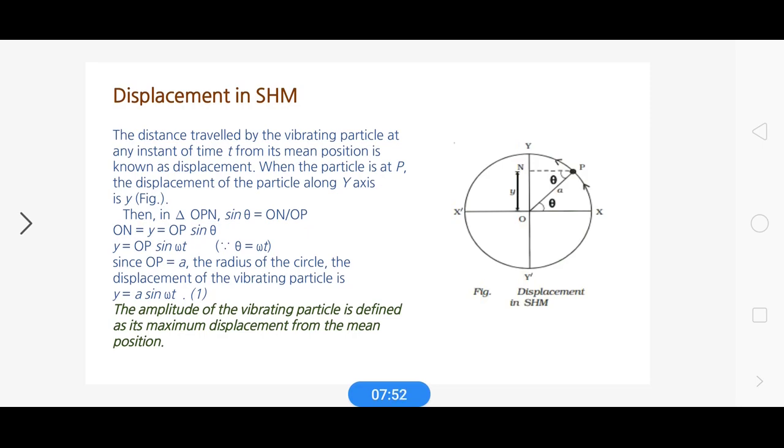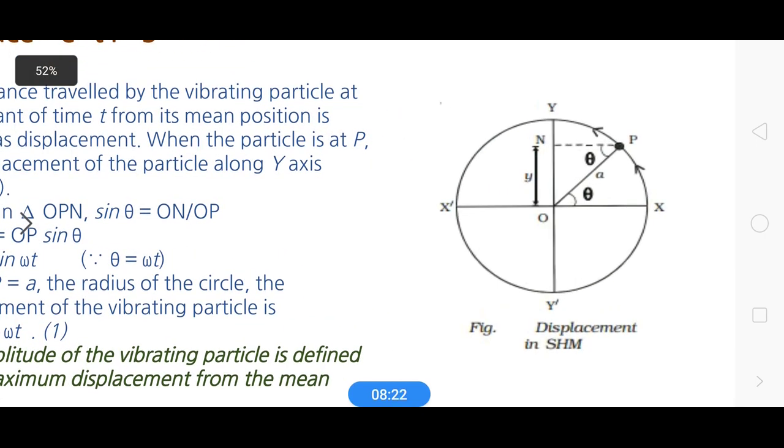When the particle is at point P, let us take the displacement of the particle along the y-axis as y. If the particle is at P, then the displacement from the mean position is y.